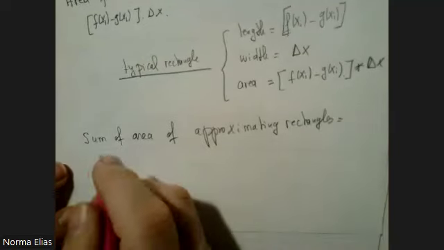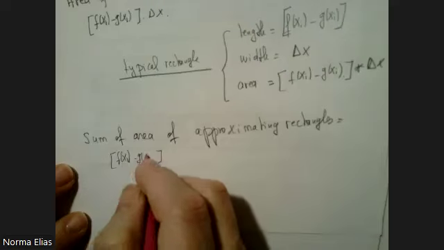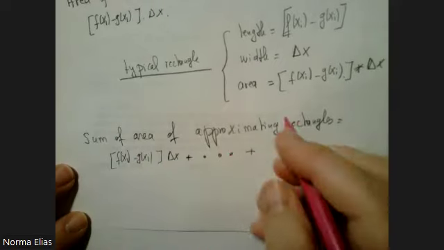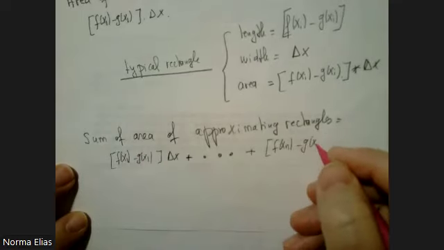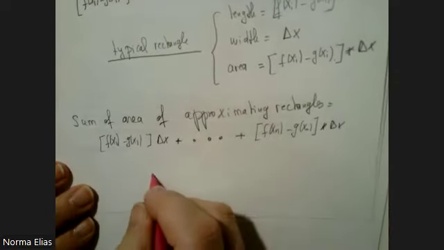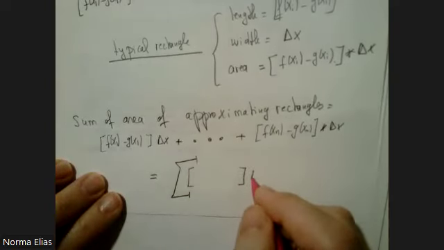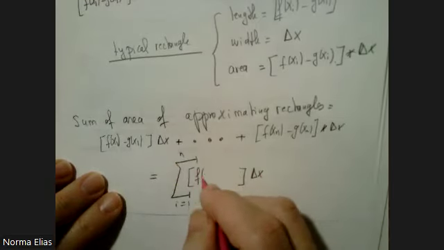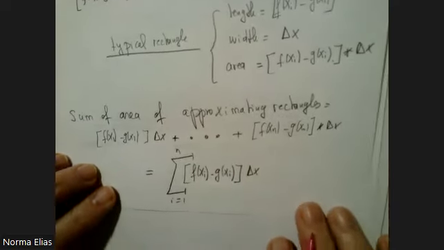So the sum of their areas is f of x1 minus g of x1 times delta x, plus, etc., f of xn minus g of xn times delta x. It means the sum of the areas of those rectangles is the following sum. Sigma i equal 1 to n of f of xi minus g of xi times delta x.